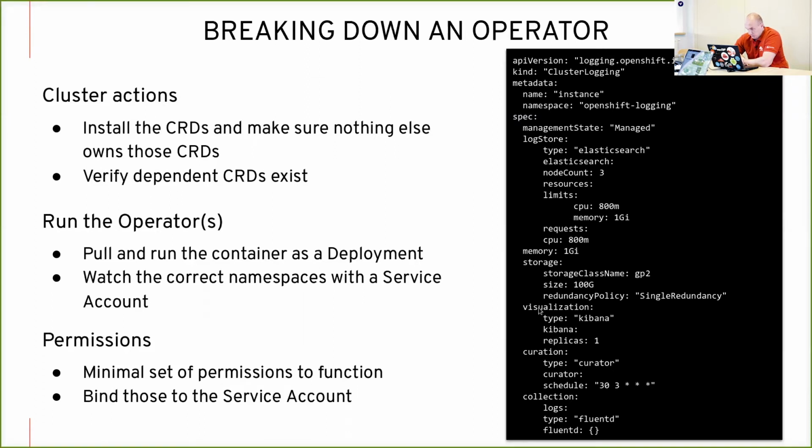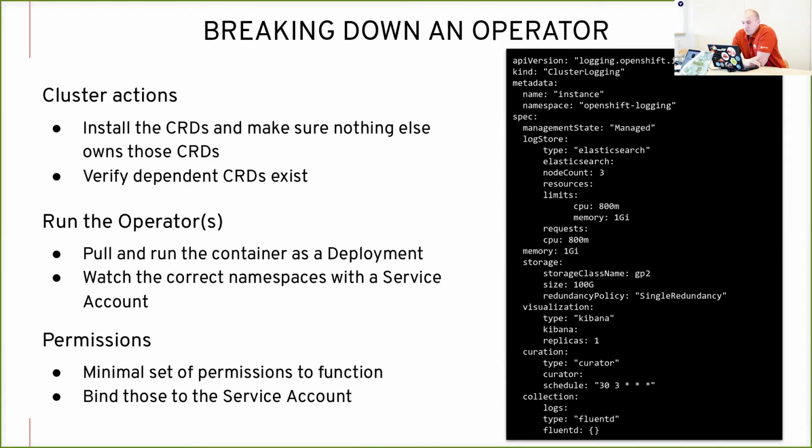So here you can see on the right-hand side a simple example of a CRD file that is delivered by the OpenShift logging operator. When you create this file, you can specify what components of the OpenShift logging infrastructure should be installed in your environment, and you can specify some parameters for those components.